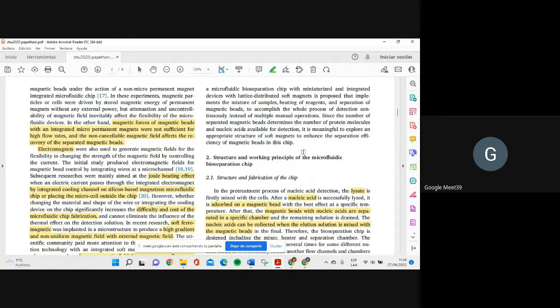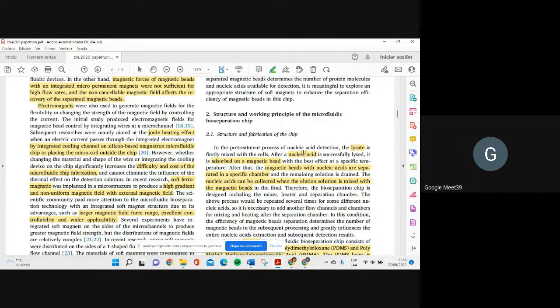Then another strategy that they have used is electromagnetics, but as Anita was talking about before, they have the Joule heating effect, and they have to introduce an integrated cooling channel into the chip or place the microcoil outside the chip, making the fabrication of these chips difficult and more costly.